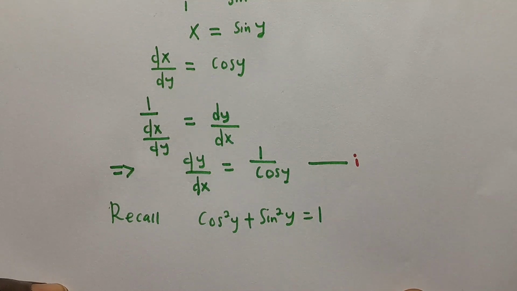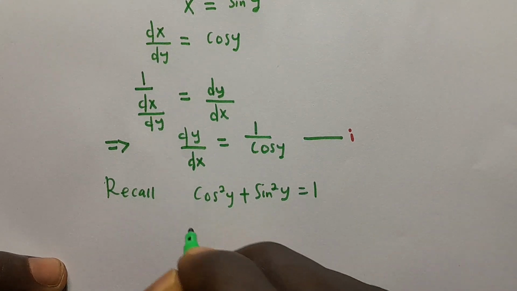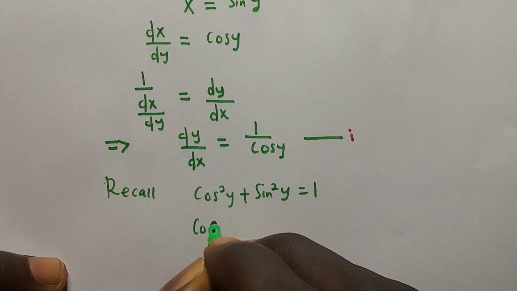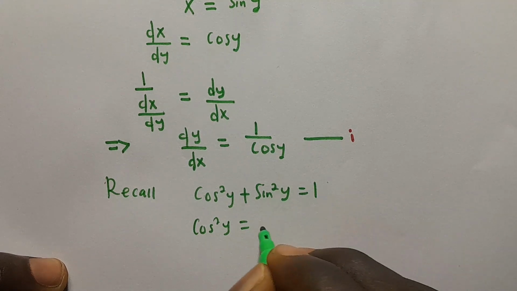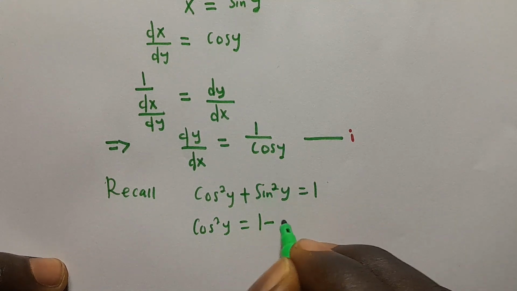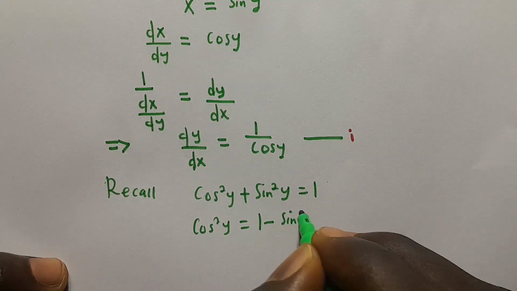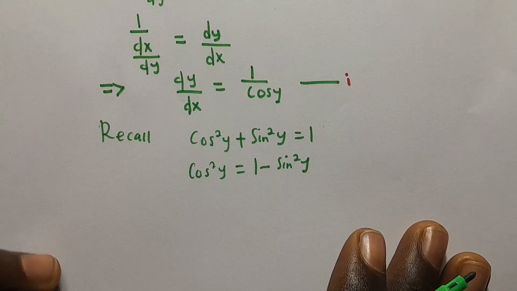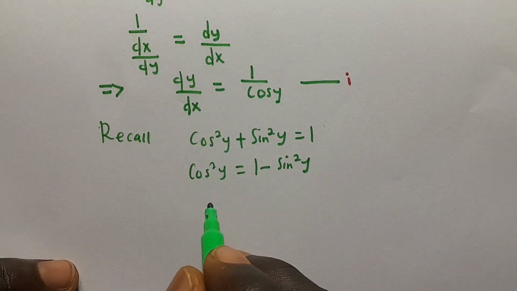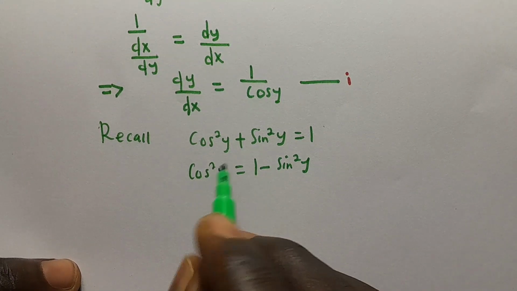So by making cos squared y the subject here, we are going to have cos squared y equals 1 minus sine squared y, and so therefore let's take the square root of both sides.